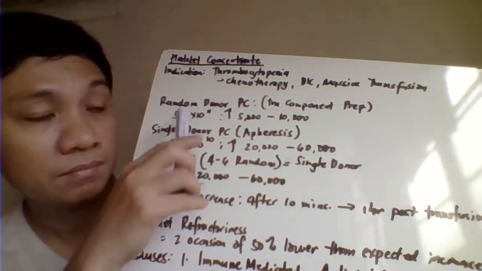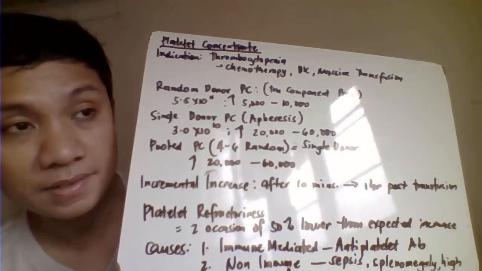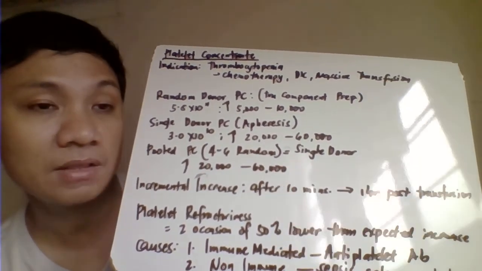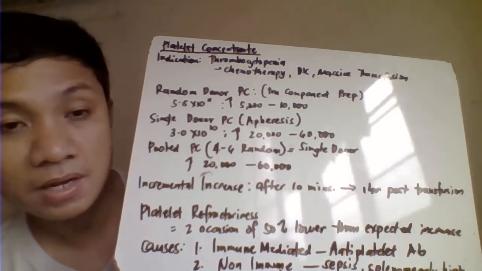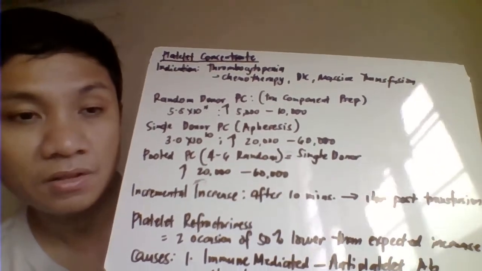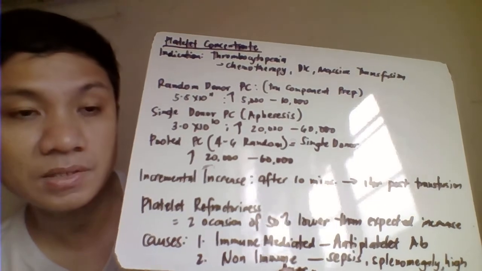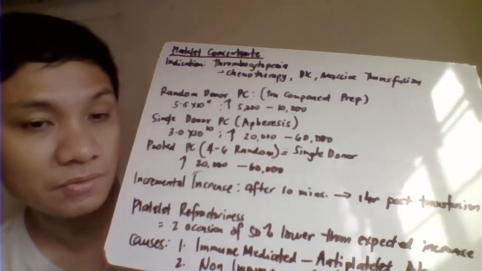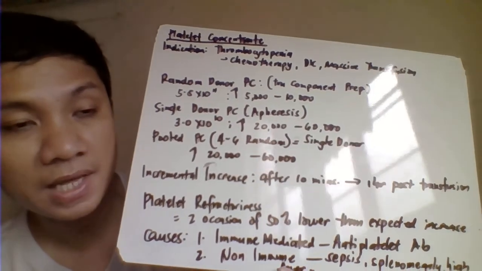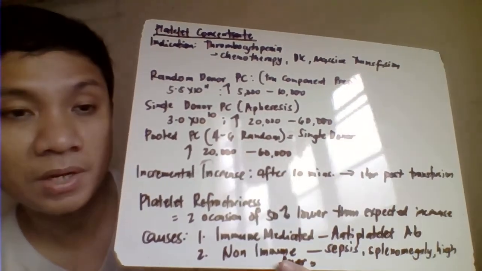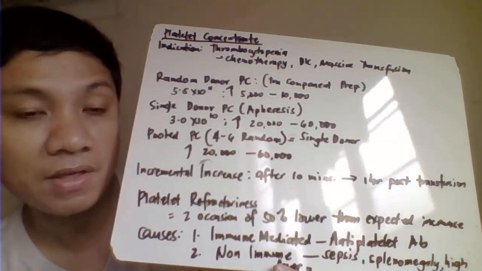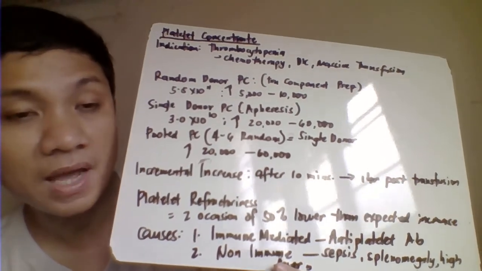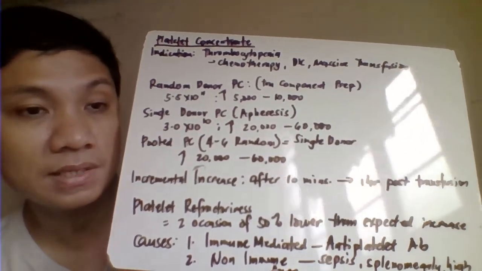Quality control. Okay, the random donor should contain 5.5 times 10 to the 10th platelet count. And 1 unit of random donor platelet concentrate can eventually increase the platelet count of the recipient by 5 to 10,000. For the single donor, on the other hand, quality control, it contains 3.0 times 10 to the 11 platelet count, and each unit can increase the platelet count by 20 to 60,000.